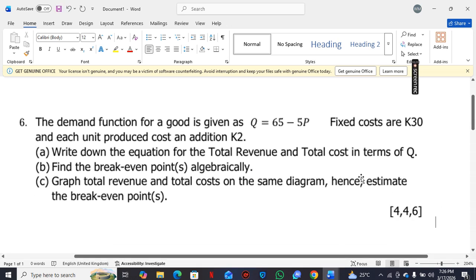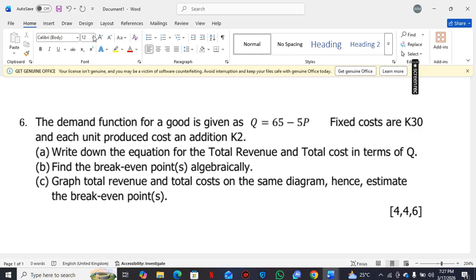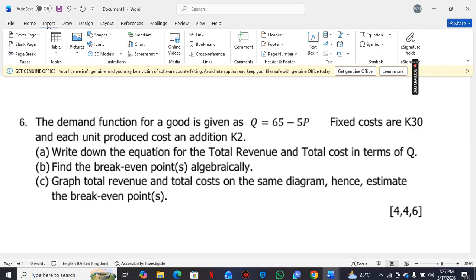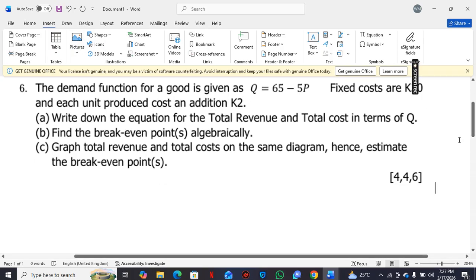Right. So they've told us the fixed costs are 30 kwacha. Then our variable cost is this one: each unit produced costs an additional 2 kwacha. This is our variable cost. So we need to get our data first.